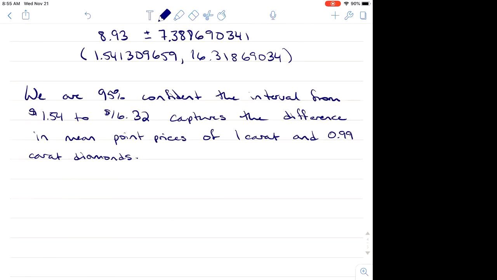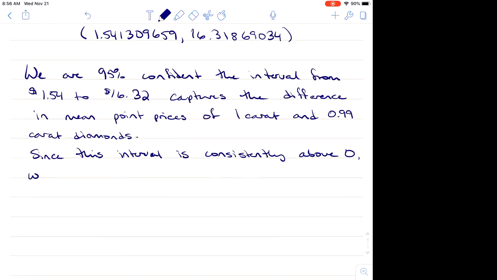Okay. So since this interval is consistently above 0, we have enough evidence to reject H naught.